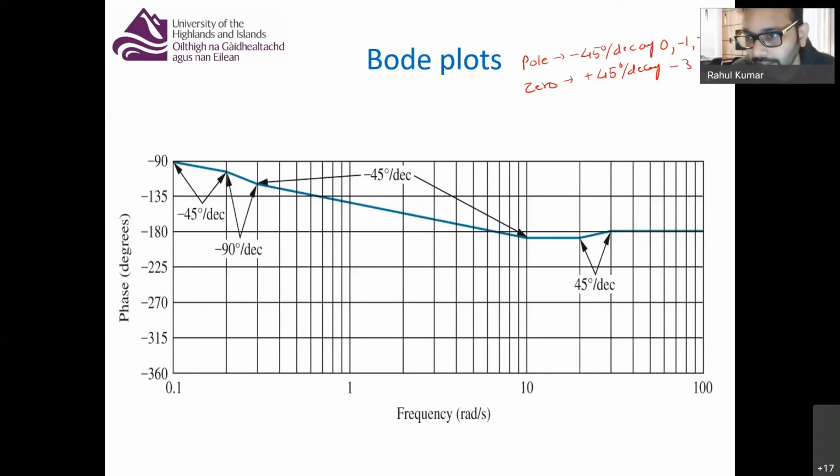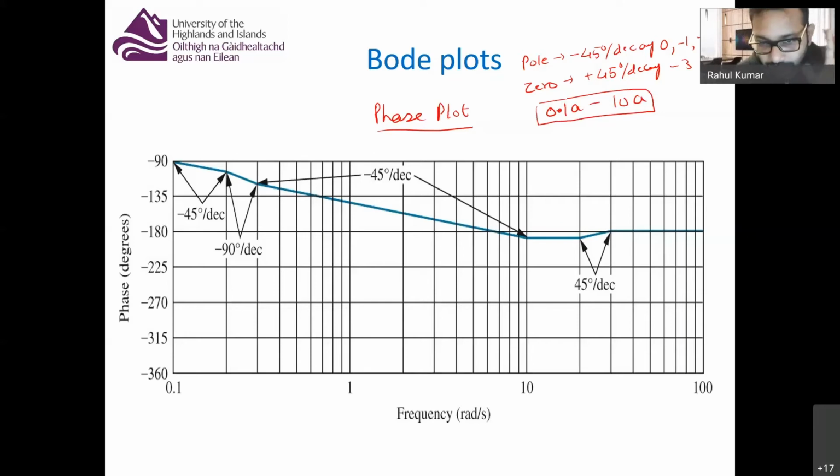Since we are plotting the phase plot, we have to consider the additional information that the slope will start changing from 0.1 A to 10 A, so we have to keep a note of that. All the key points I have mentioned.